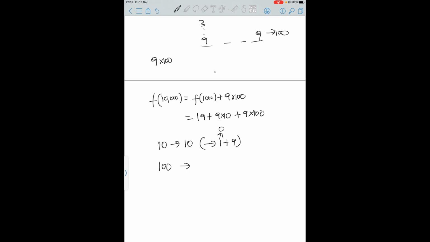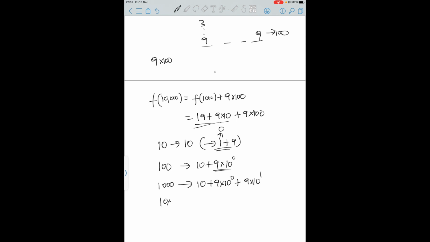Until 100 we got 10 plus 9. Write this as 10 power 0, since 10 power 0 is already 1. This is just to see the pattern in it. For 1000 we have 10 plus, this is for 1000.